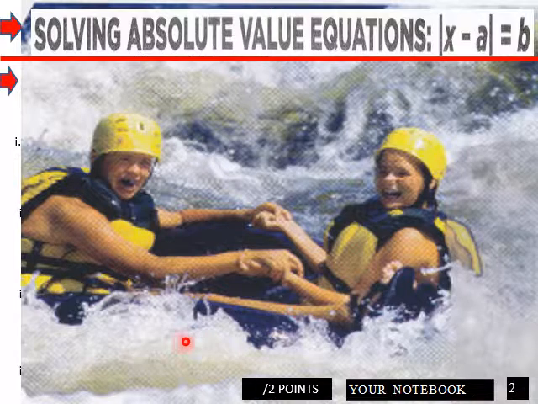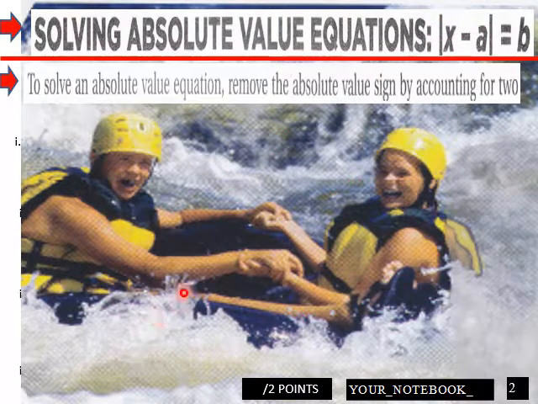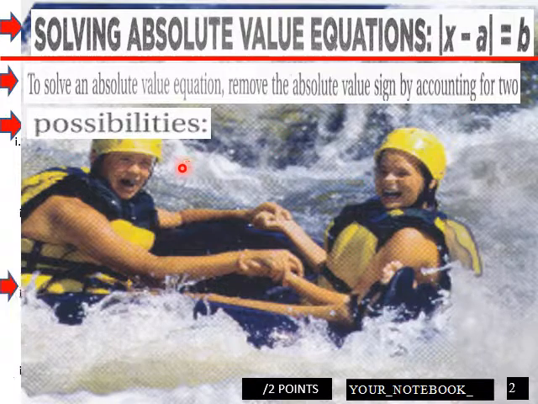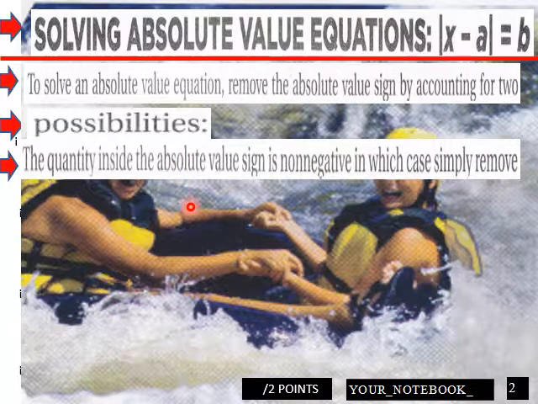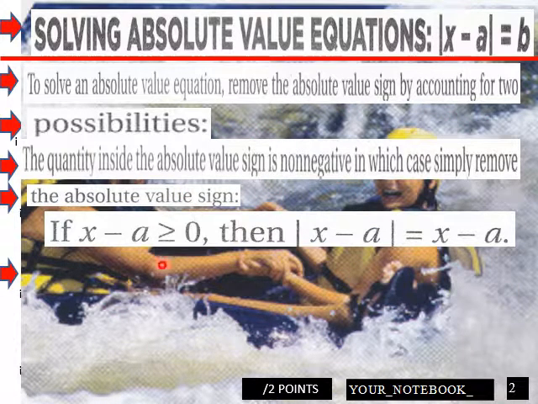Solving absolute value equations: remove the absolute value sign by accounting for two possibilities. First, the quantity inside the absolute value sign is non-negative, in which case simply remove the absolute value sign. So if x minus a is greater than or equal to 0, then |x minus a| equals x minus a.